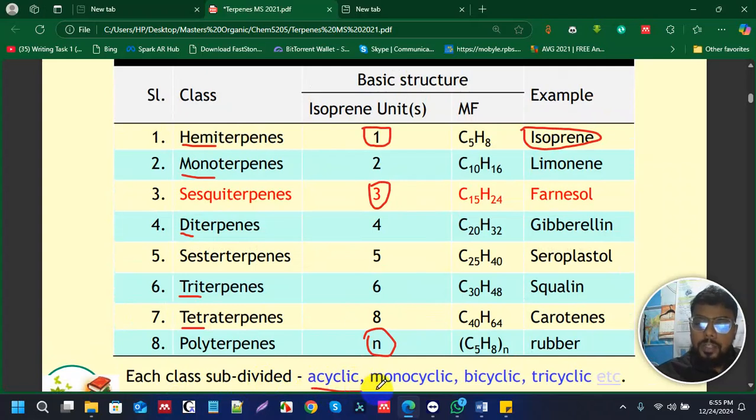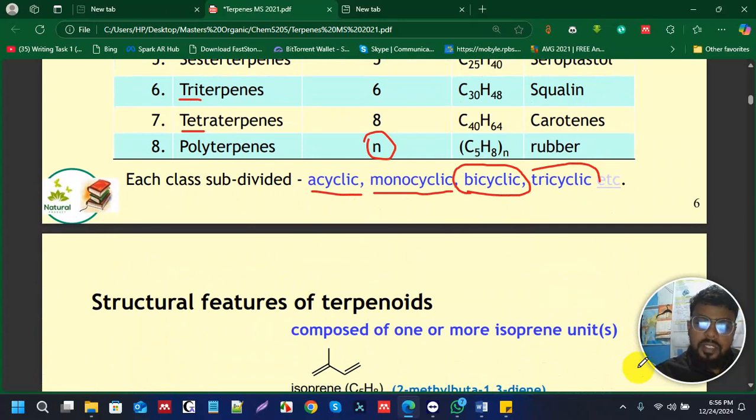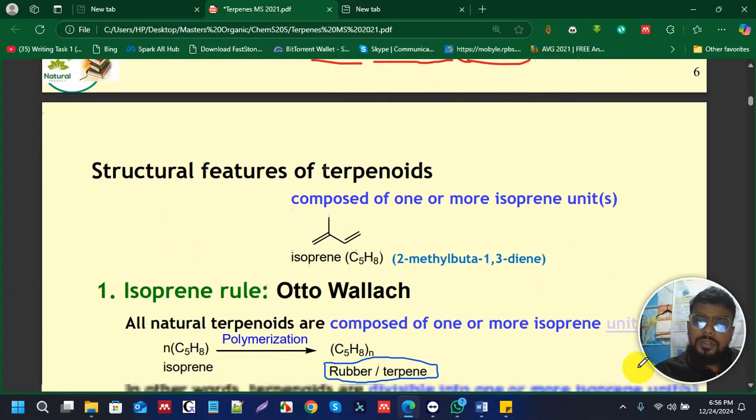The next one is monocyclic: when a compound contains a single ring, it is called monocyclic. When a terpene contains two rings, it is known as bicyclic. When it contains three rings, it is known as tricyclic terpenes.